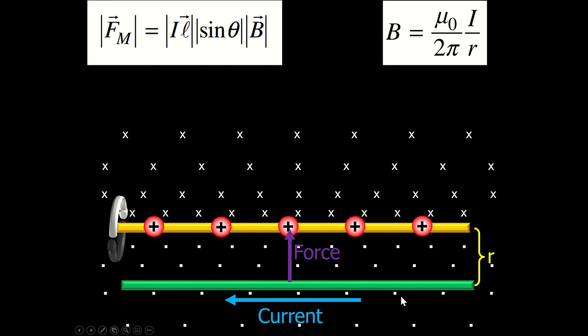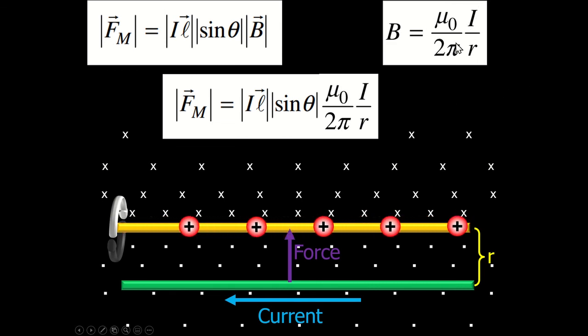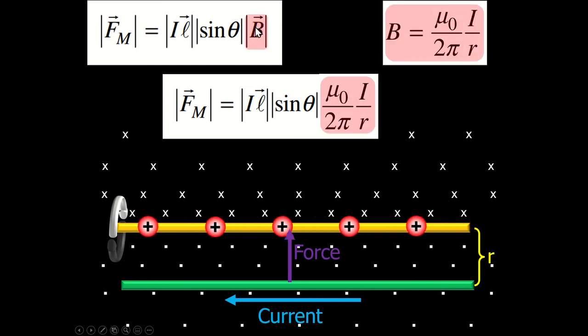How could I find the strength of the field that the green wire is experiencing? Right there. That's how I'm going to calculate it. This is how we calculate the strength of the field some distance from this yellow wire, and we just substituted that in there.